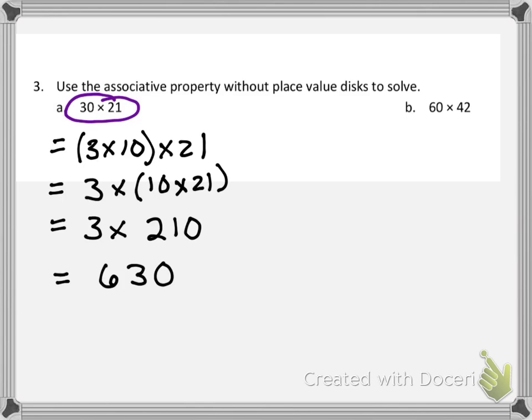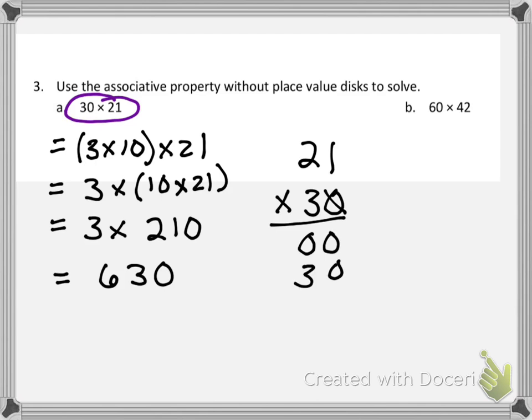Now if we just try to do this our regular way of multiplication, we can do 21 times 30, and we just get 2 zeros, right? And get a placeholder here, and then 1 times 3 is 3, 2 times 3 is 6, and we get 630.